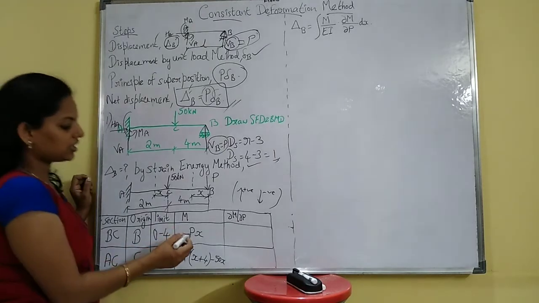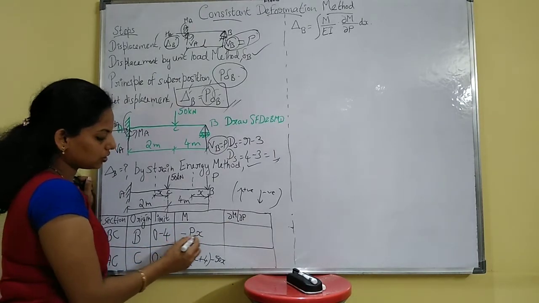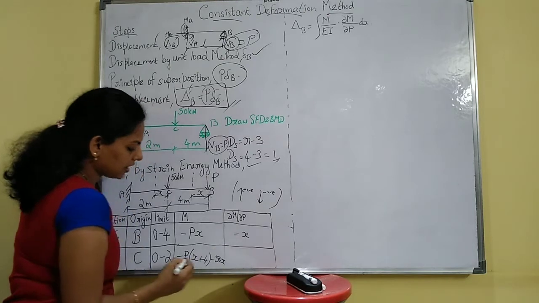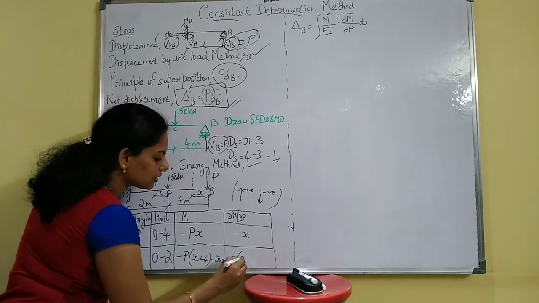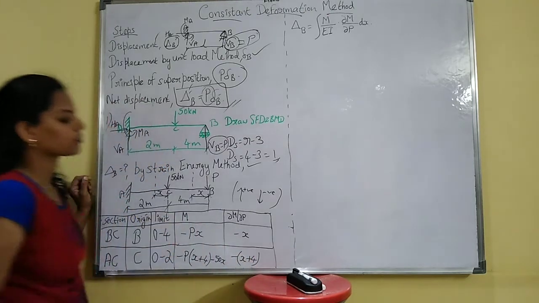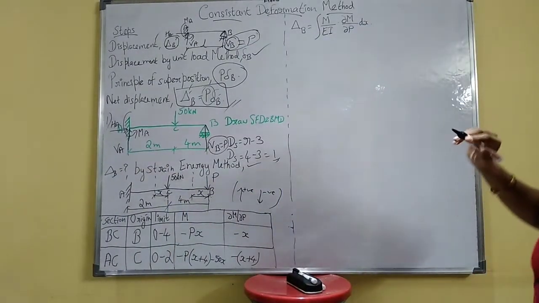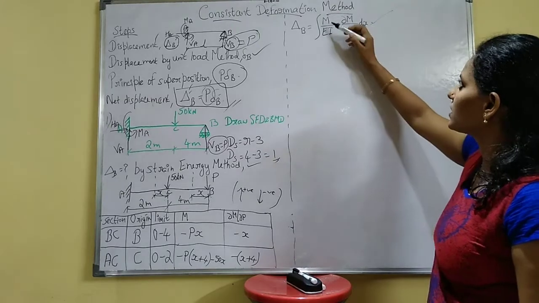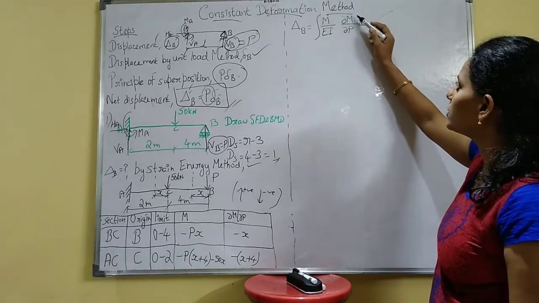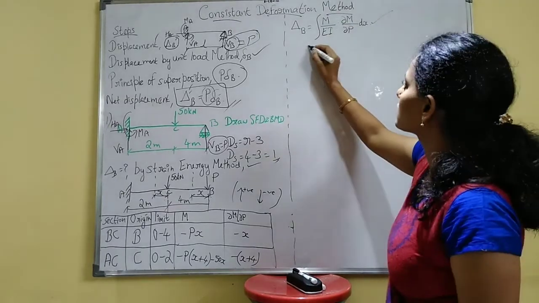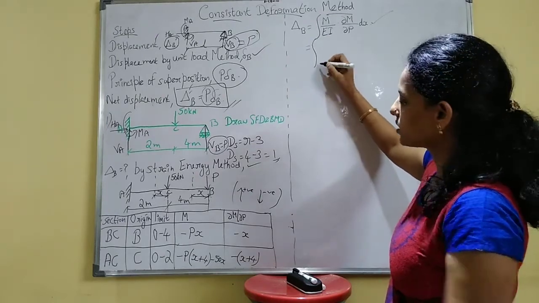Now differentiate it with respect to P. So here it will be minus X and here it will be minus (X plus 4). Once this is done, what is the formula according to the strain energy method? This is your formula: integration of M by EI, dou M by dou P, into dx. Substitute in terms of section.